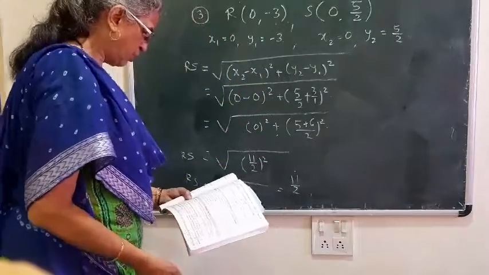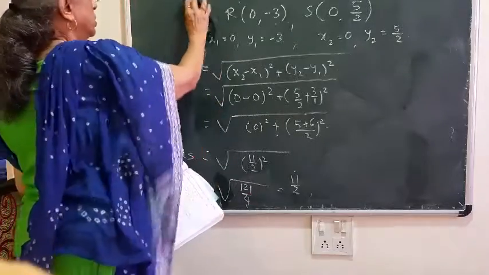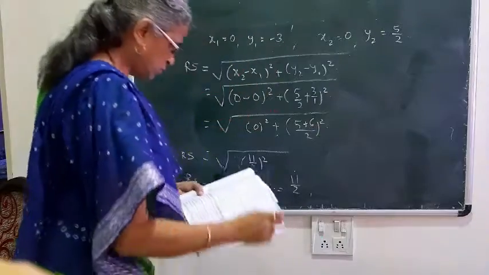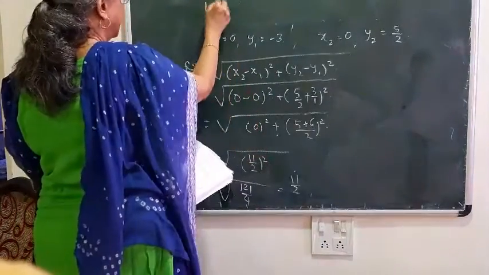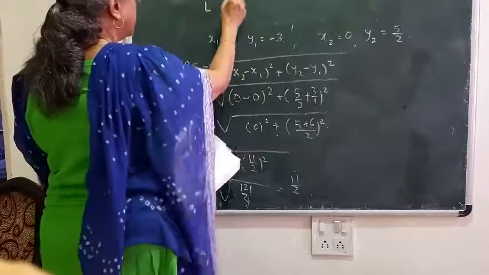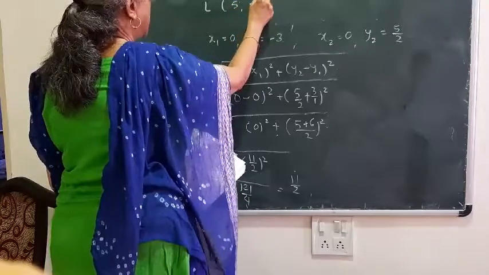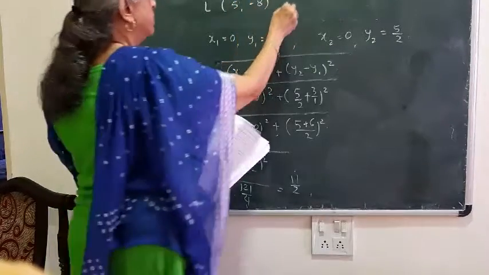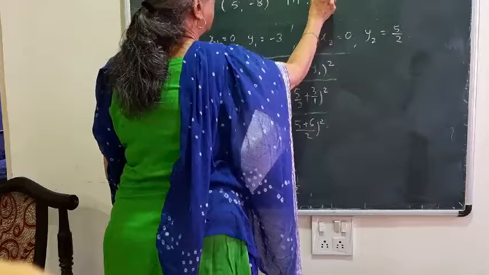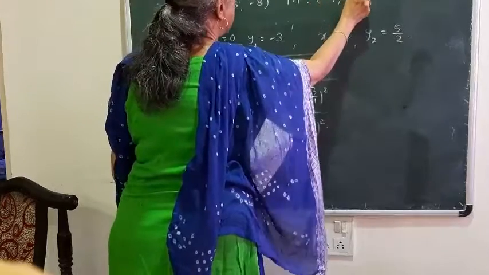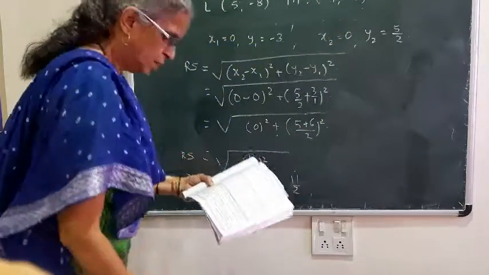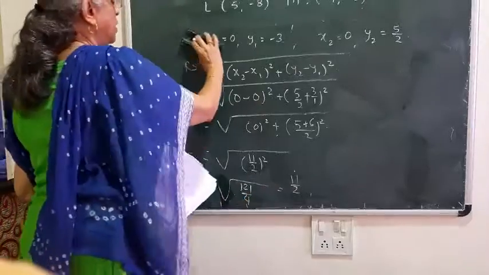Then sum number 4 we are going to solve. This is a very easy method. They have given L. Coordinates of L are given as 5, minus 8, and M they are given as minus 7, minus 3. So we have to find the distance LM.